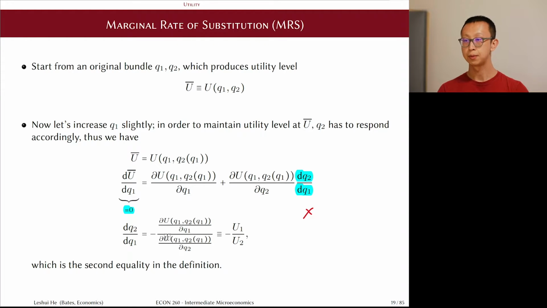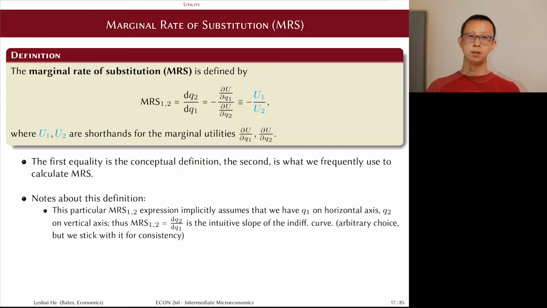That is precisely this expression we have in our definition, which is exactly minus marginal utility of good 1 over marginal utility of good 2. And there we go. Now, after the hard work, we have shown that we can calculate marginal rate of substitution in terms of marginal utilities of two products.